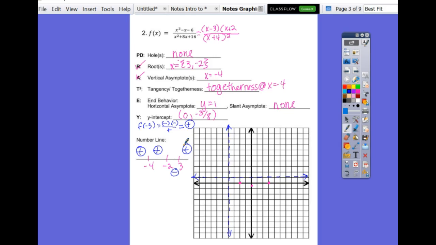Then from -4 to -2, in this little area right here, what is it? Positive, correct? So then what happens from -2 to 3? Negative, and then it goes back to positive. So first of all, it just looks weird, right? It doesn't look like our little thing, so it just looks weird.